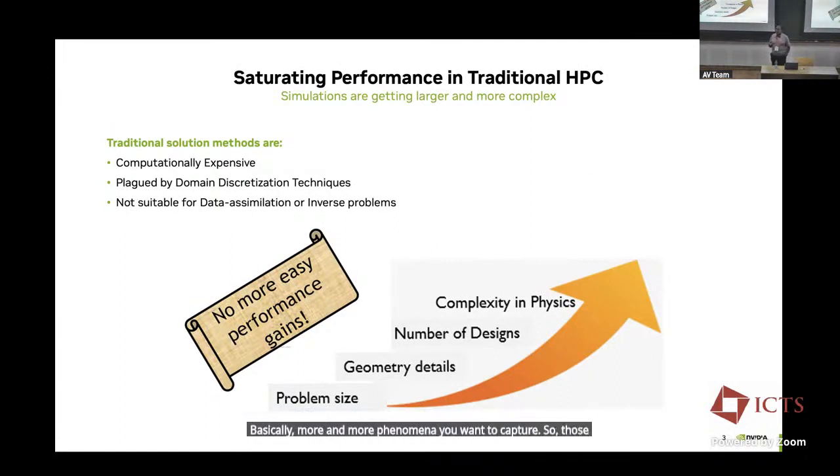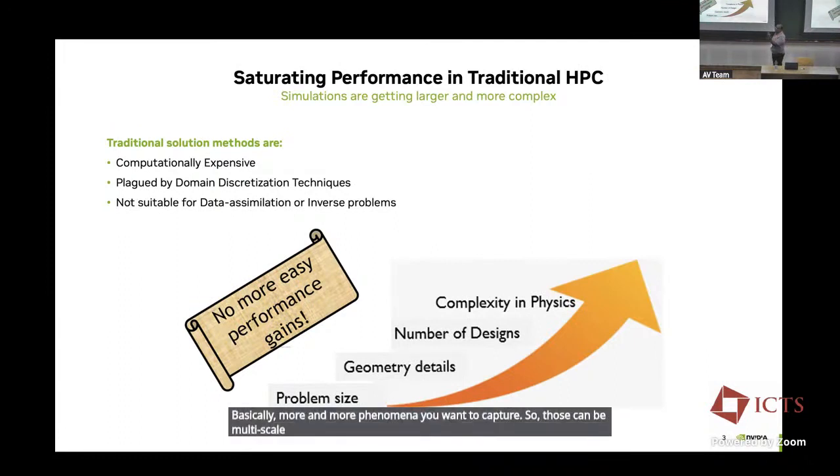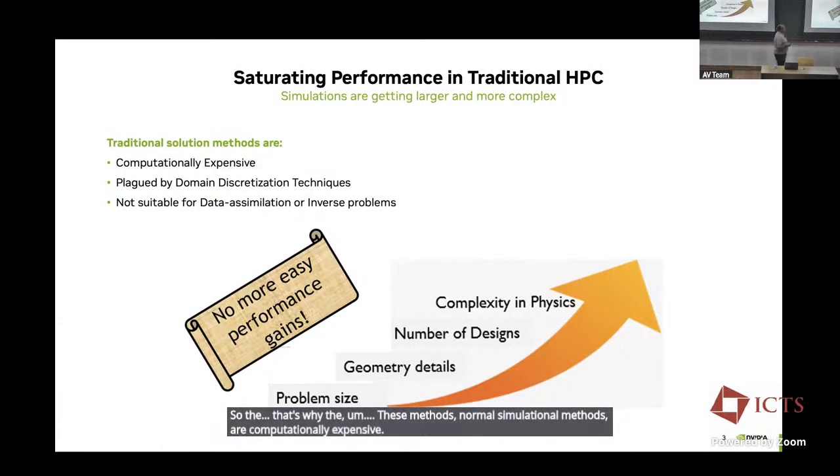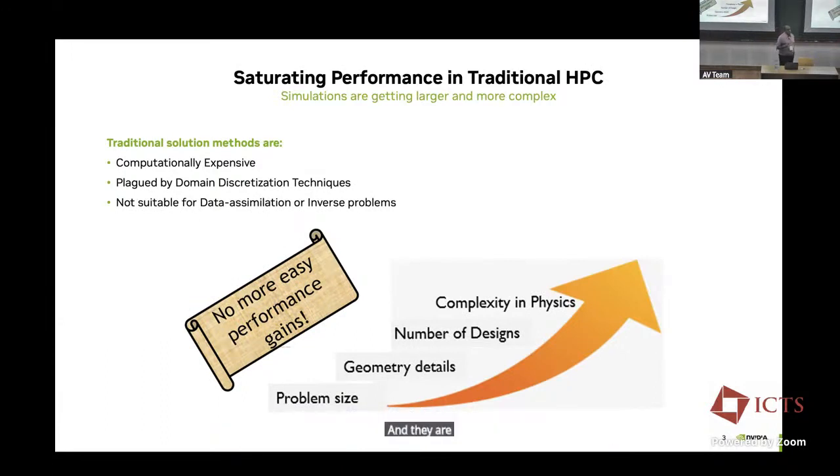Those can be multi-scale, or you need to work out how to parameterize those multi-scales and things like that. That increases the complexity of the physics, okay? So that's why these normal simulation methods are computationally expensive.